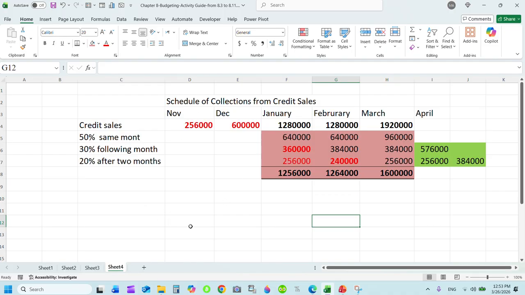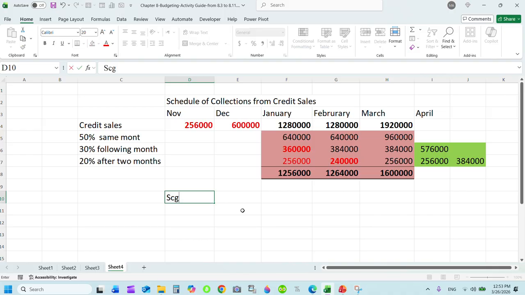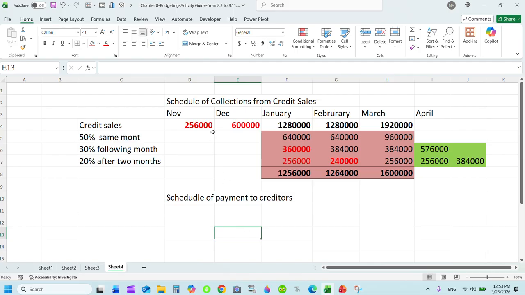This is the schedule of collection from debtors. Schedule of payments to creditors.